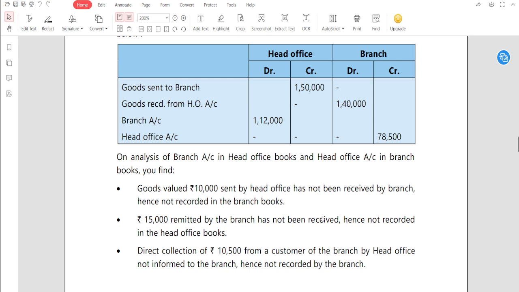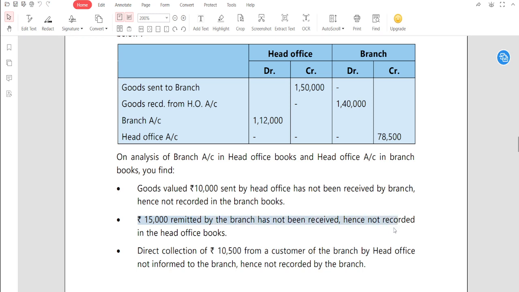See guys, everyone please. First of all, the 10,000 of goods the branch has not received. HO sent 1,50,000 of goods, but the branch received only 1,40,000. It means 10,000 of goods the branch has yet to receive, maybe due to goods in transit. So once it is received, it will show in the books of the branch as 1,50,000 rather than 1,40,000. In the second case, the branch has sent 15,000 rupees to the HO, but HO didn't record this.